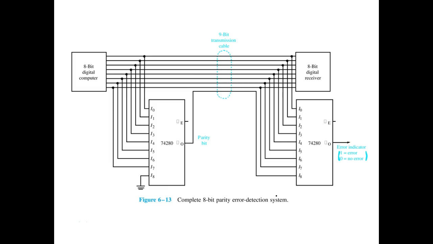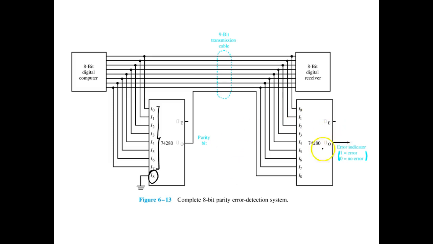So this is a 74280. This is a parity generator. It's either got an exclusive OR output or an exclusive NOR output. Here, it transmits 8 bits, and then on this one, the transmitter, we connect the 8th bit to common, right? You understand?